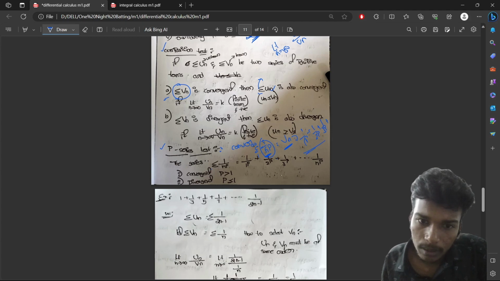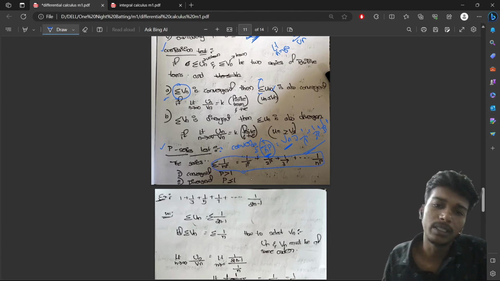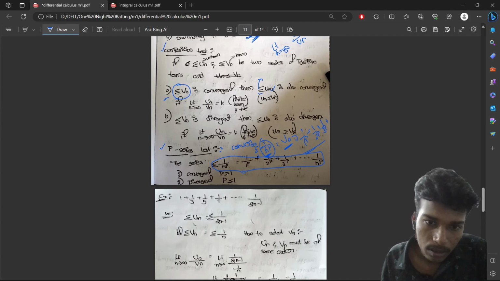This is the series formed by us to test the convergence or divergence of a given series. This form of series will be convergent if p is greater than 1, and divergent if p is less than or equal to 1.